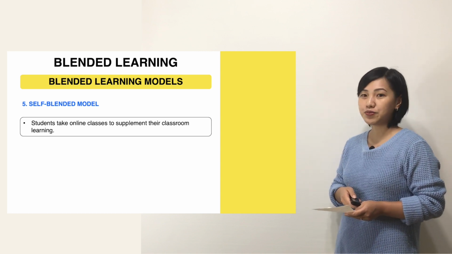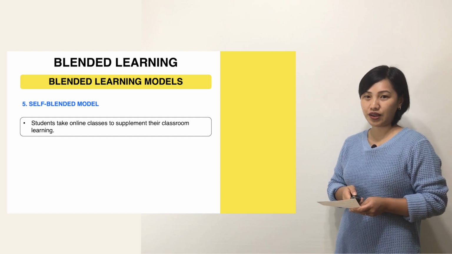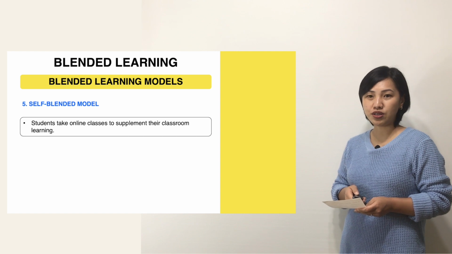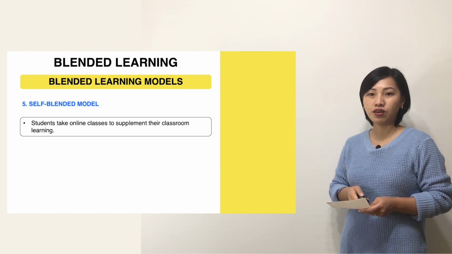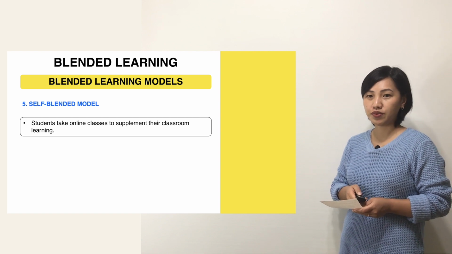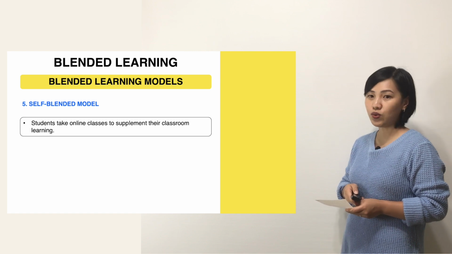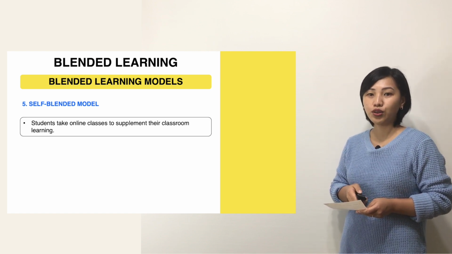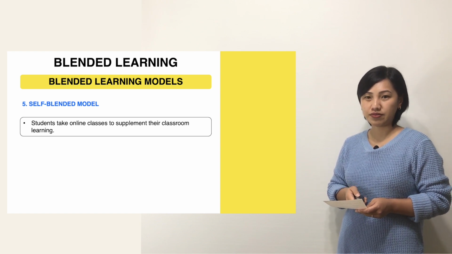Number 5 is the self-blend model. This model gives students the opportunity to take classes beyond what is already offered at their school. Meaning, while learners will attend a traditional school, they also choose to supplement their learning through online courses offered remotely.